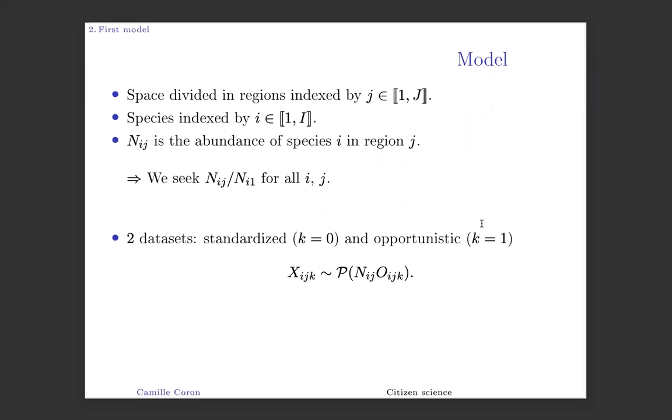And our first modeling assumption is that the number of observations of species i in region j for the data set k follows a Poisson distribution whose parameter is the number of individuals of species i in region j, which is what we want to estimate, times a kind of observation intensity, that for the moment I denote by Eijk.